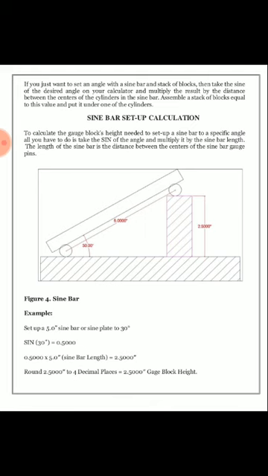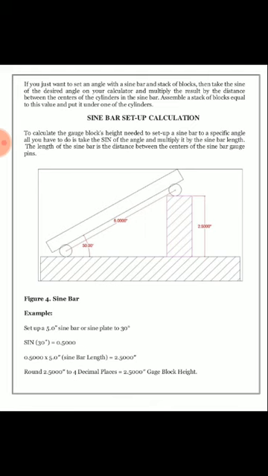For example, let us discuss one problem. Set up a 5.0 inch sine bar on a sine plate at 30 degrees. Sine 30 degrees equals how much? Sine 30 equals 0.5, and 0.5 times 5 inches equals 2.5 inches.